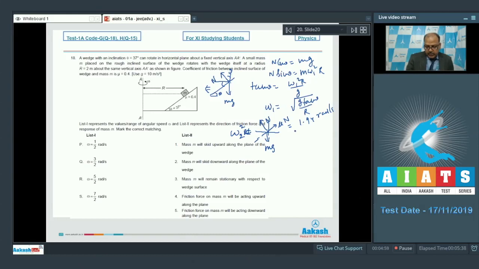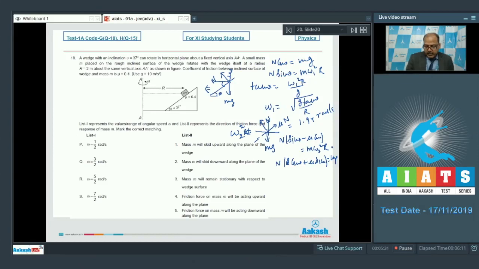So horizontally we get n sin theta minus mu n cos theta is equal to m omega 2 square r, and vertically we'll get n cos theta plus mu n sin theta equal to mg.